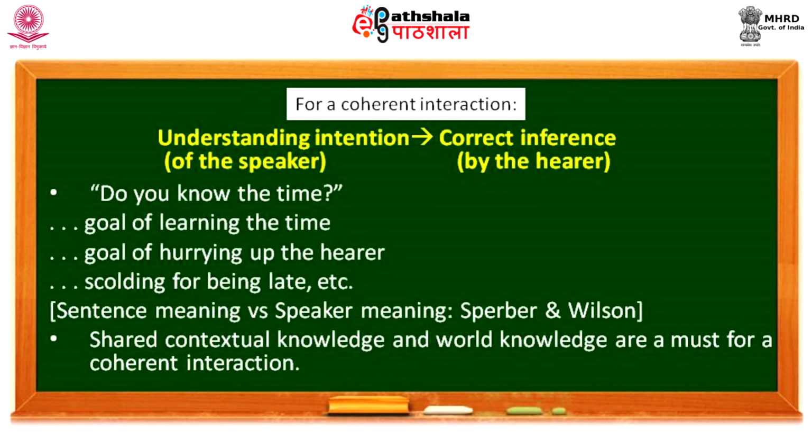For example, "Do you know the time?" is an utterance. In one context, it means the speaker actually wants to know the time. In another context, it could be that the speaker is telling the other person to hurry up. So basically we are talking of two things, sentence meaning and speaker meaning, which may or may not match.